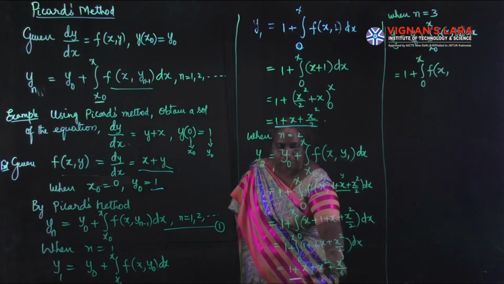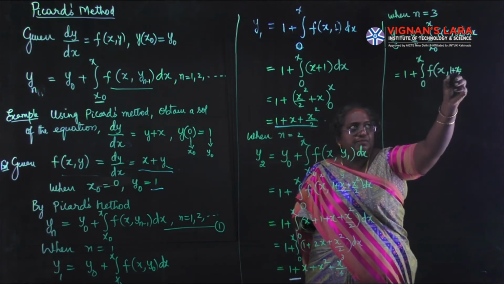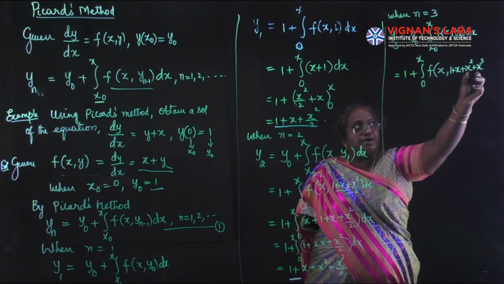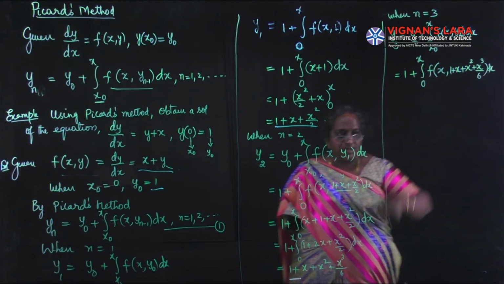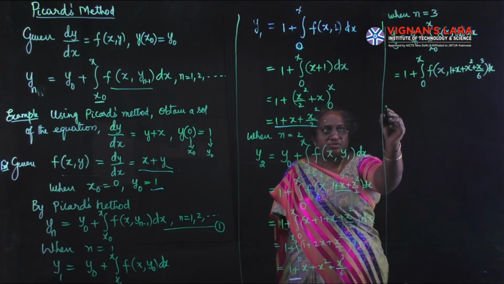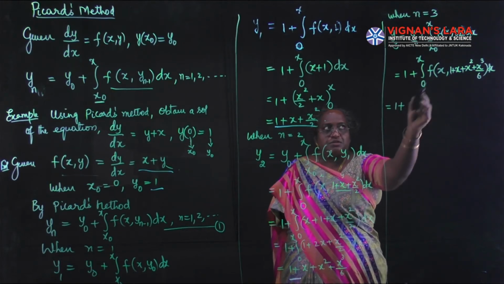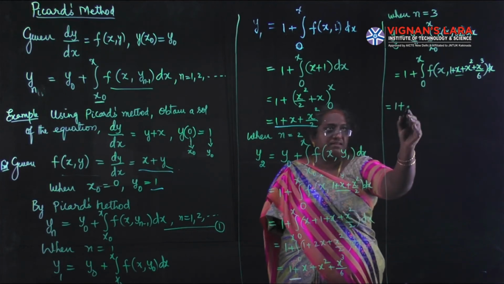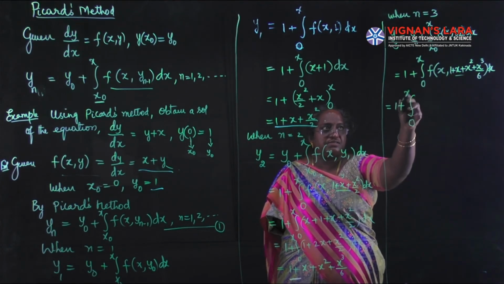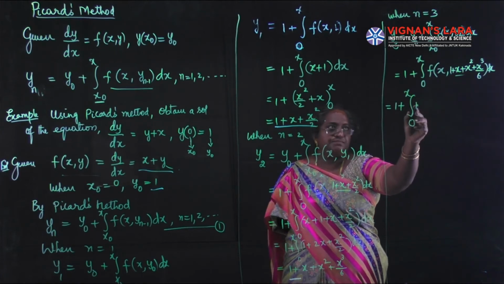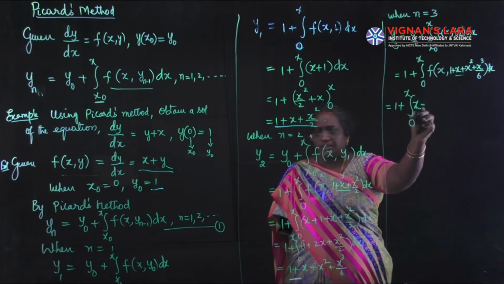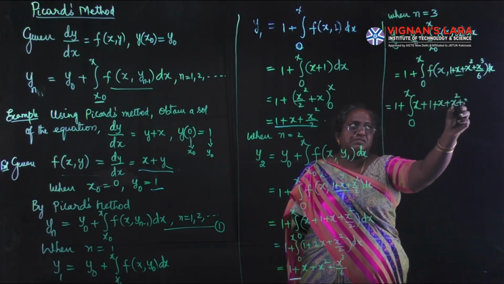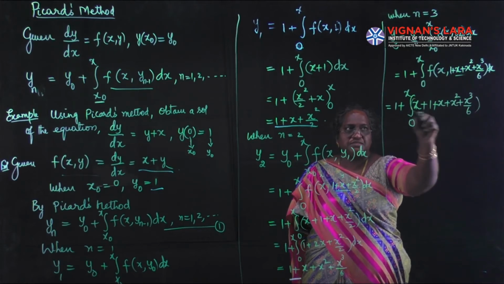Just now we got y2, 1 plus x square plus x cube by 6 dx. So this is equal to 1 plus, so instead of x you have to substitute x, instead of y this time you have to substitute this entire thing. Integral 0 to x, x plus 1 plus x square plus x cube by 6 dx.